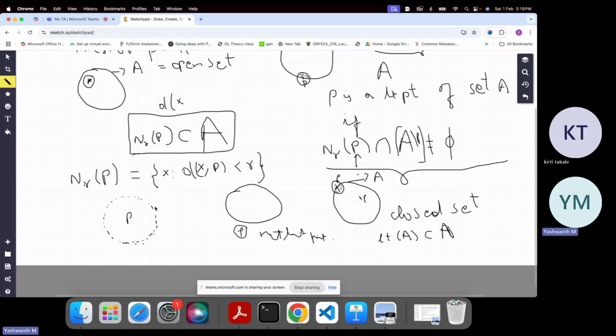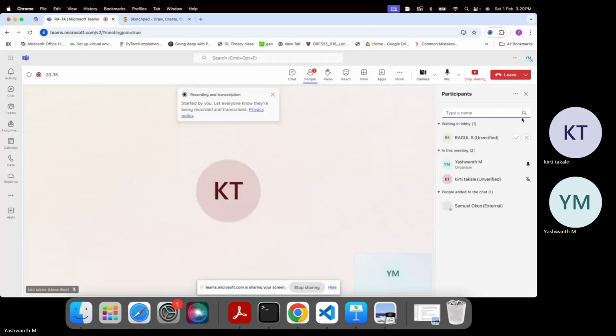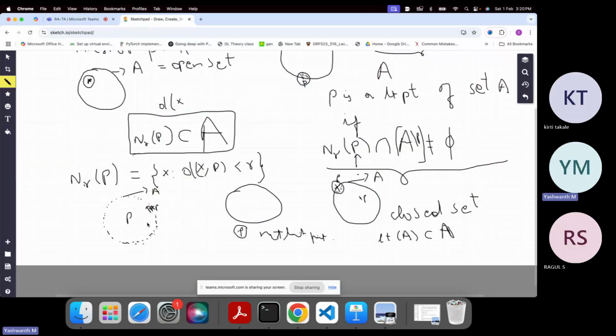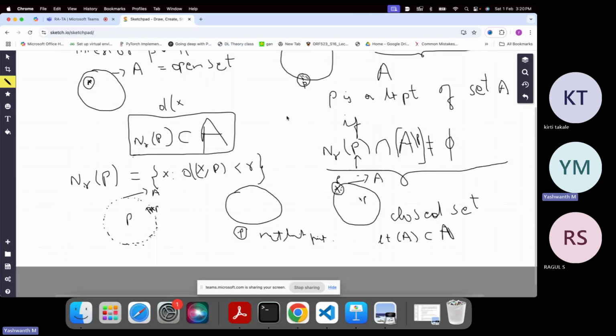But if I pick any point on this boundary which doesn't belong to set A, it's still a limit point, because whatever radius I draw, it will intersect the points here, right? I can go over this if it's not clear. Why does the limit point need not belong to the set? Yes, sir, it is clear. It's clear, right? Okay.